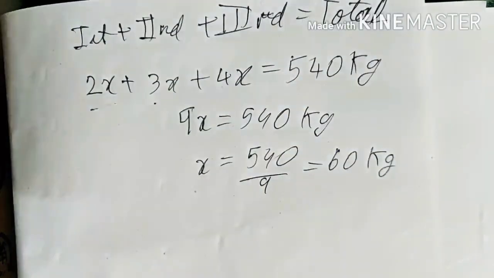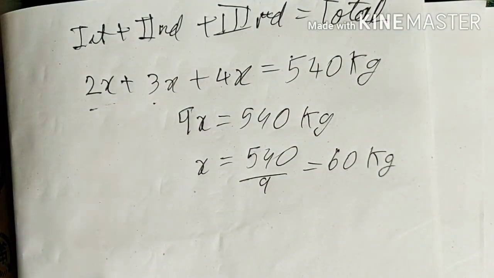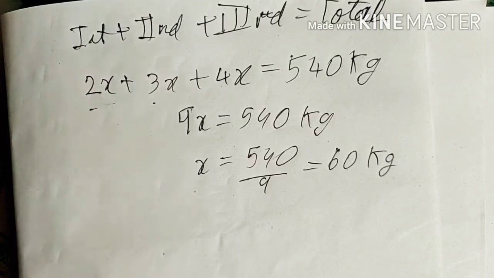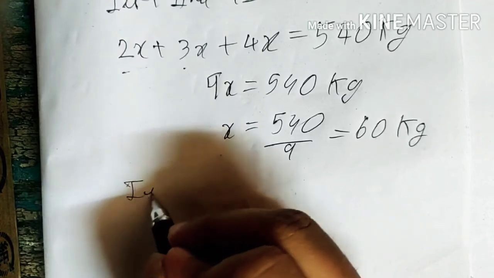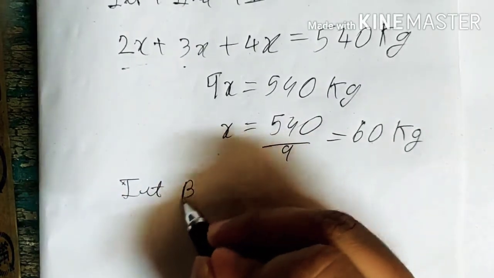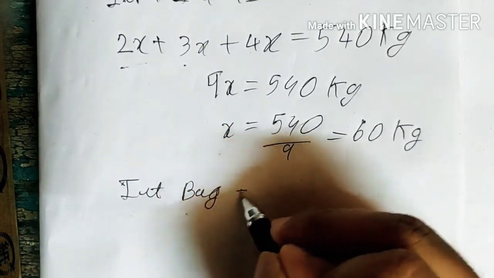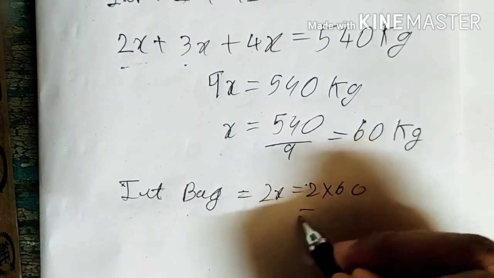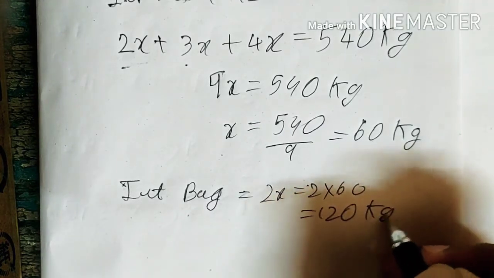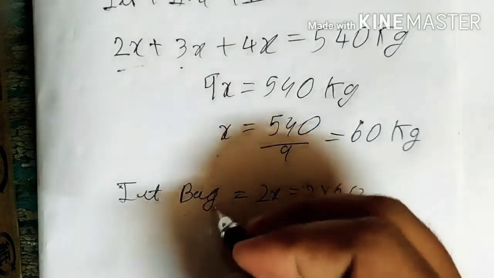Again you have got the value of x as 60, means that the actual values, we don't know the actual values, their ratio was 2 is to 3 is to 4. That is, if you multiply 2 by 60, 3 by 60 and 4 by 60, you will get the actual values. So first bag is equal to 2x, that is 2 into 60, that is 120 kg.